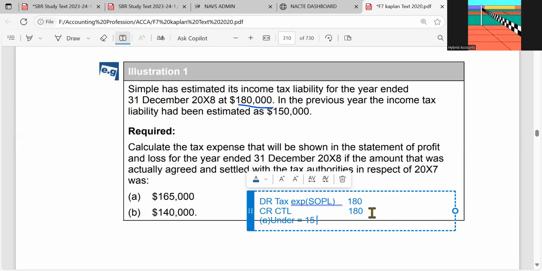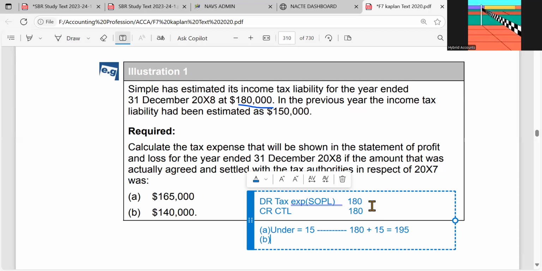This is an under provision. To get the actual tax expense for the current period, the tax expense is 180 for this period, but we have to add that 15. So simply speaking, the error made in one year is taken forward and affects the next year.